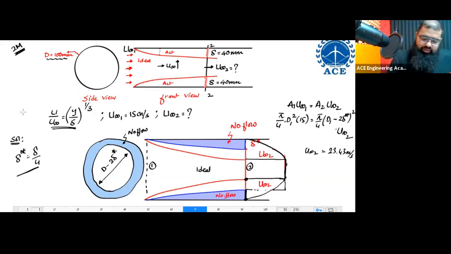This is given data in the question. All these are given data. He will give you the velocity profile. You are supposed to find this out. So let us move further now.